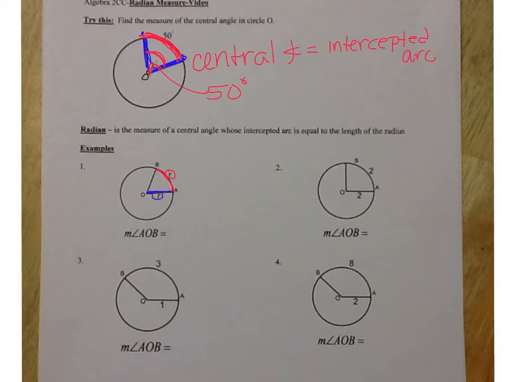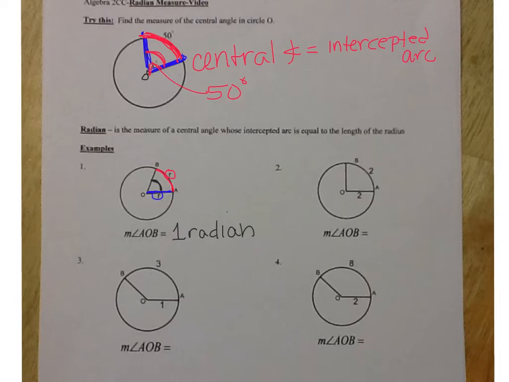So if I want to know the measure of this angle, angle AOB, in radians: a radian, remember, is when the intercepted arc is equal to the length of the radius. So the arc is equal to the radius. Therefore, angle AOB is equal to 1 radian. Remember, a radian is when the length of the arc is equal to the length of the radius.